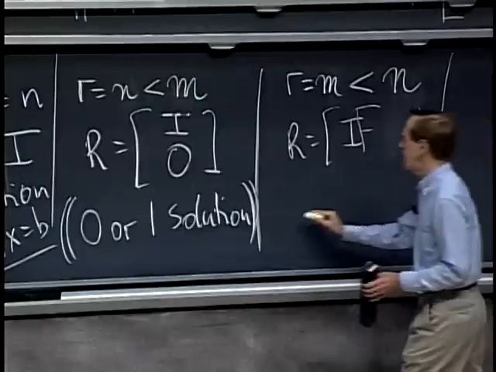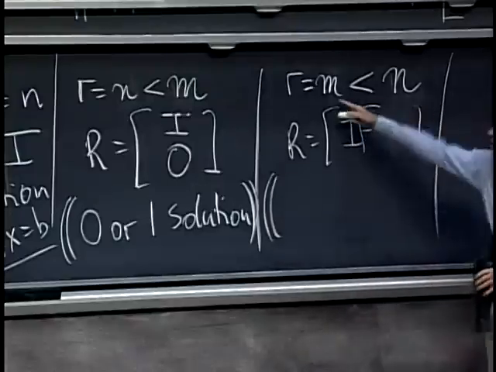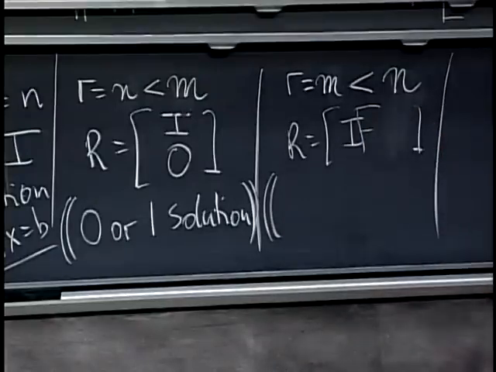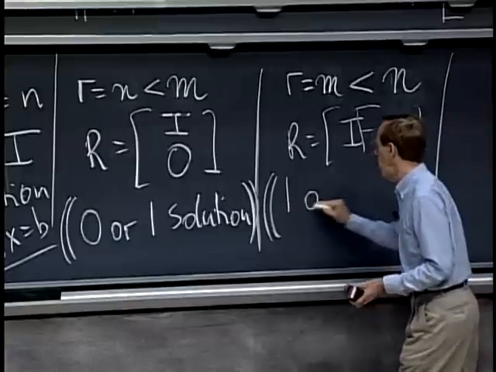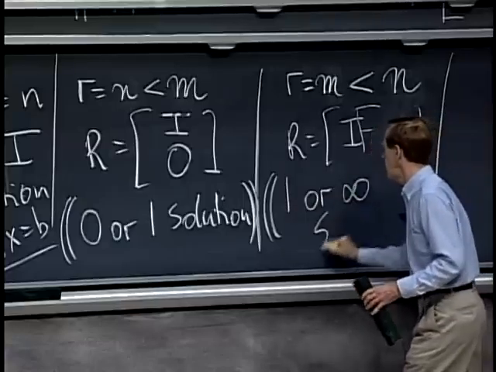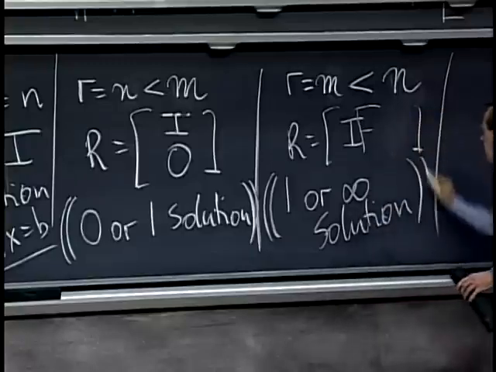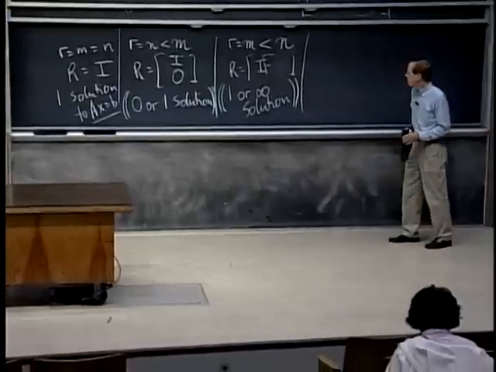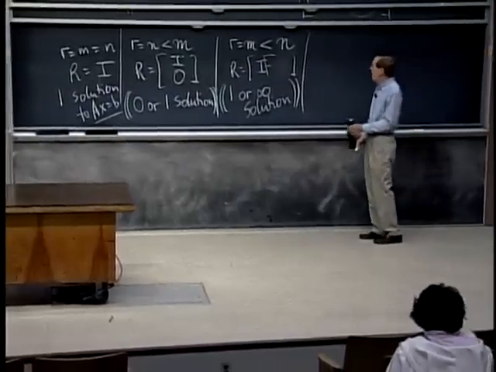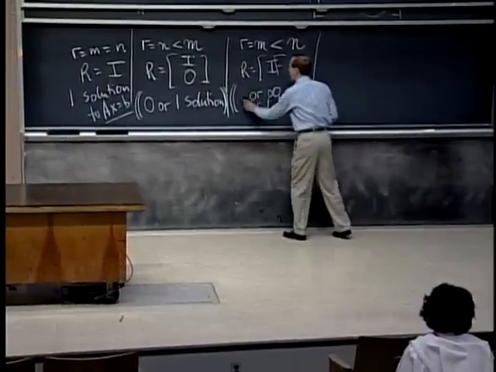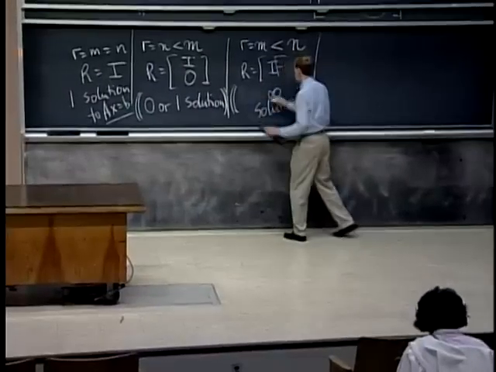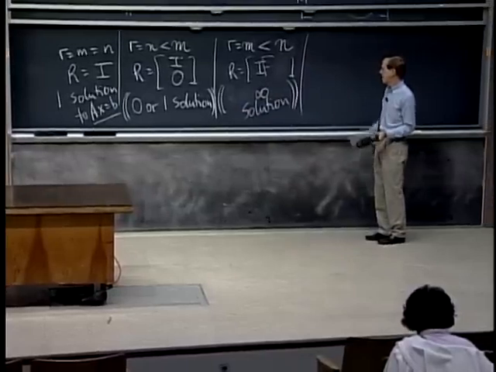Now, how many solutions in this case? There's always a solution. This is the existence case. There's always a solution. We're not getting any zero rows. There are no zero rows here. So there's always either one or infinitely many solutions. Actually, I guess there's always an infinite number because we always have some null space to deal with.